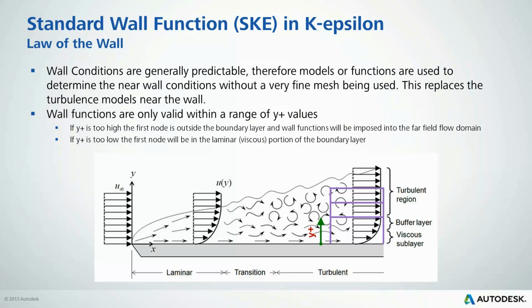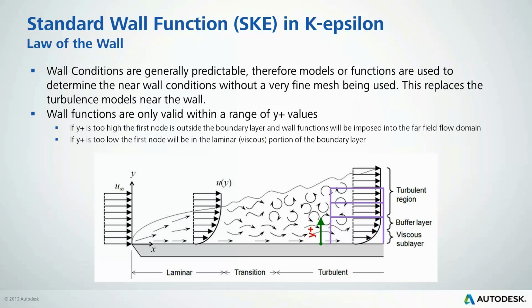If you look at this flow profile, as we looked at before, I overlaid a basic mesh. This is not to scale at all, it's just trying to capture what's going on. These purple lines are trying to show those three boundary layer elements along the wall. The Y plus defines where that first element is located in the flow profile going away from that wall. And that first node is only valid within the equations for a specific range.